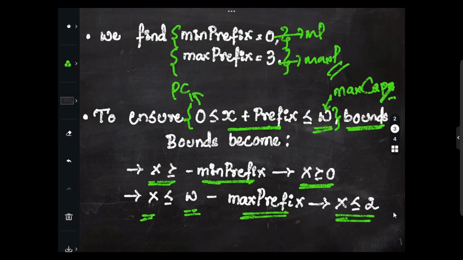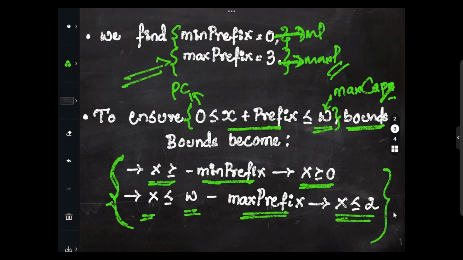Here we have been given the min prefix, which is 0, and the maximum prefix that we got by the calculation is 3. Accordingly, x is greater than or equal to the min prefix, nothing but x greater than or equal to 0, and x is less than or equal to W minus the max prefix, which is x less than or equal to 2.